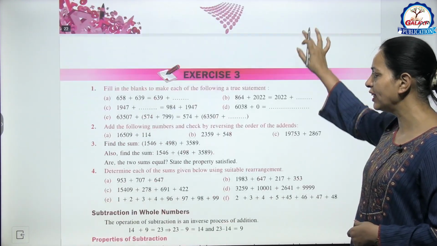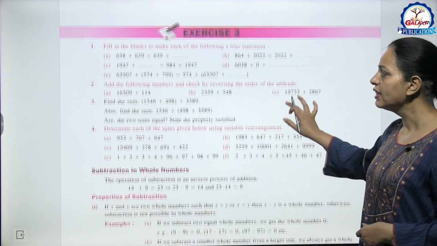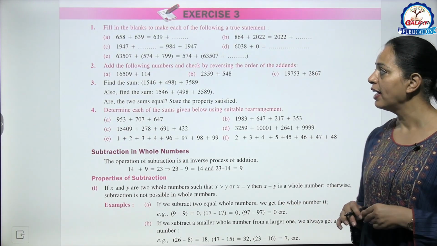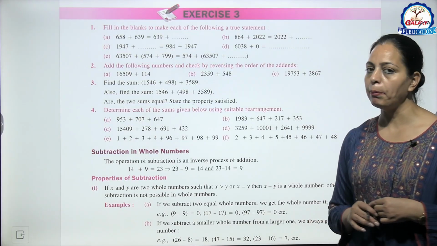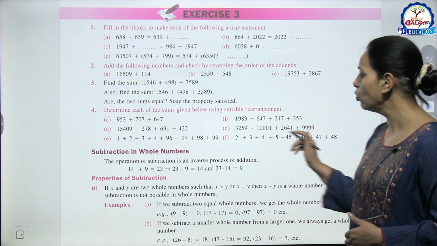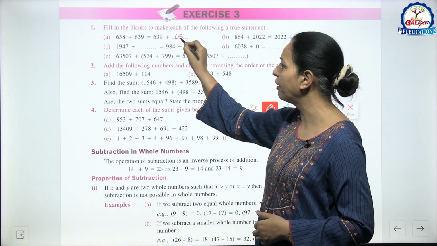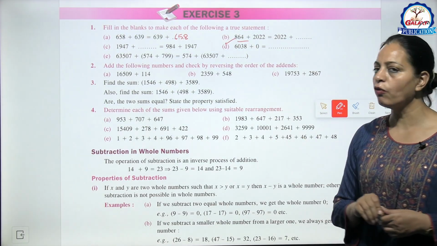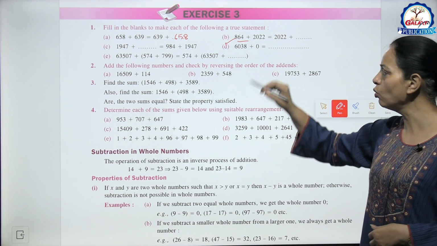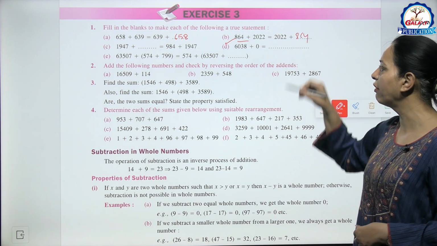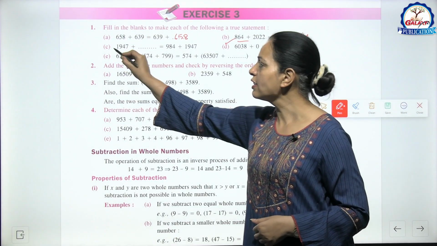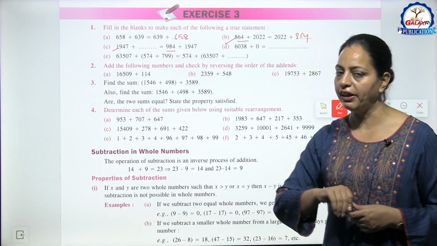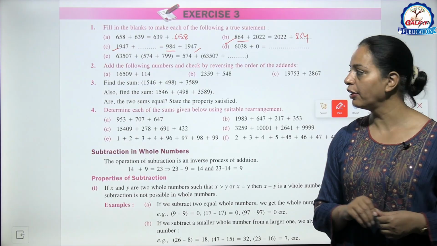Now we have exercise 3 based on such type of examples. See question number 1. Fill in the blanks to make each of the following a true statement. Like A part, 658 plus 639 equals 639 plus 658, commutative, right? Now B part, 864 plus 2022 equals 2022 plus 864. Now C part, 1947 plus dash equals 984 plus 1947.